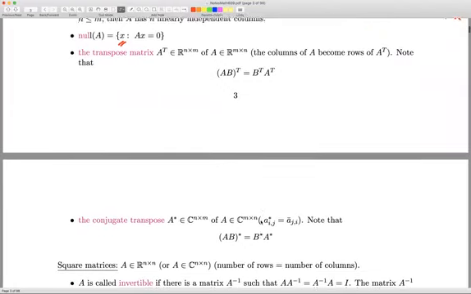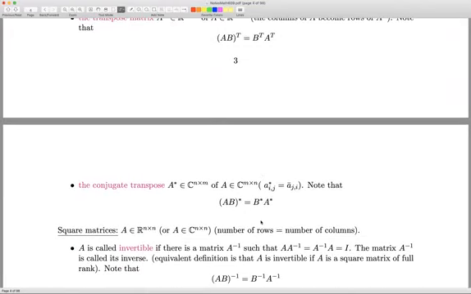And the conjugate transpose: if A is a matrix of dimension m times n with complex entries, then A star is also a matrix with complex entries, but now it will have n rows and m columns.